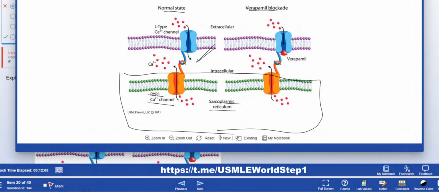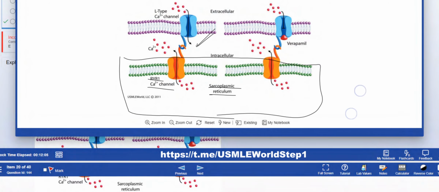Then we have the intracellular environment, but these two receptors, the L-type calcium channel receptors, are pods or channels. They are communicated with the RYR type 1 calcium channel of the sarcoplasmic reticulum.